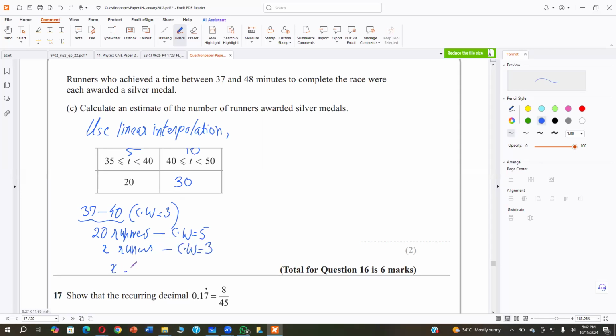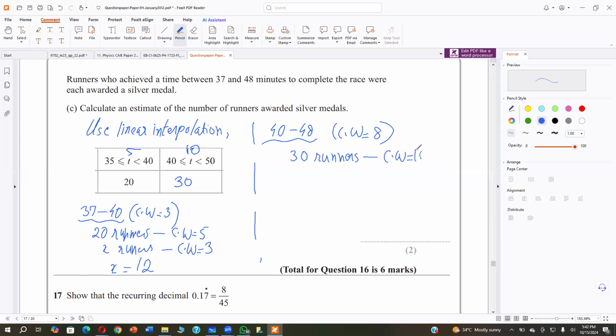So how many runners will be there? 12 runners. Now find these runners. How much? 24.